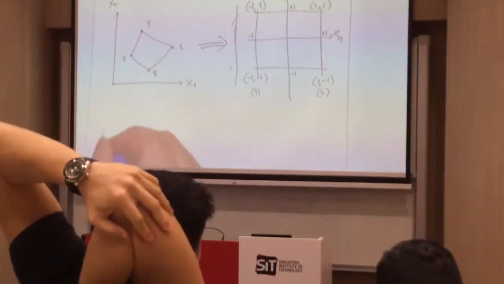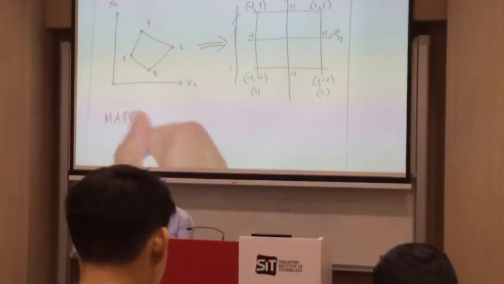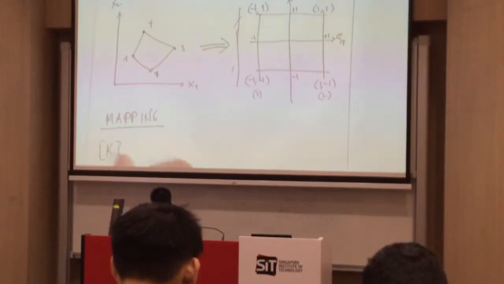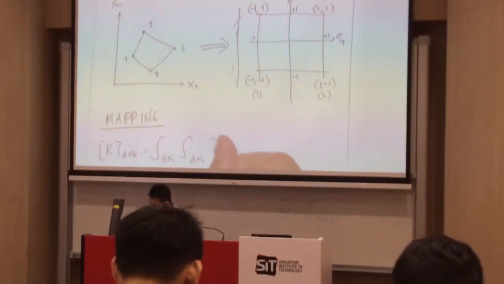So initially, with the mapping, we have now this one here, originally 8 by 8. I'm just going to write the equation.